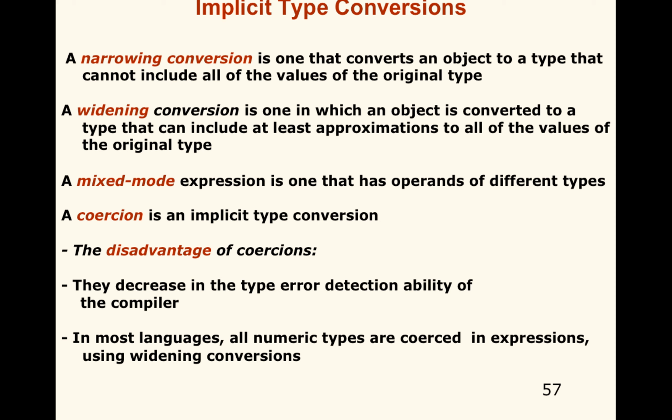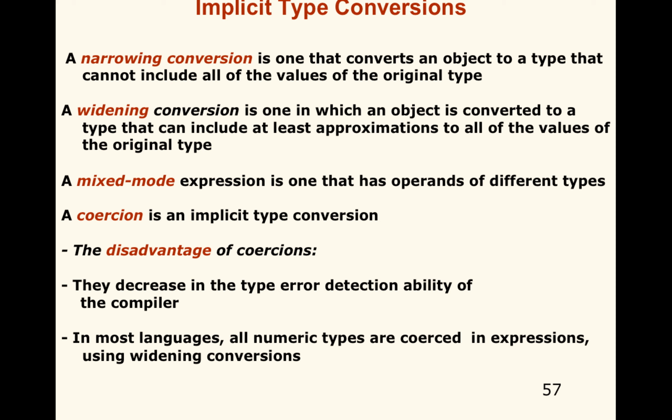So there's an explicit conversion that's done so that a widening or a narrowing doesn't have to be done, and it's not done implicitly. It's done explicitly by the compiler. And so we can't do that implicitly in C or C++ because otherwise we would have no error checking. So how are we going to be able to tell if the types are compatible if we can't tell because they have mixed mode types?